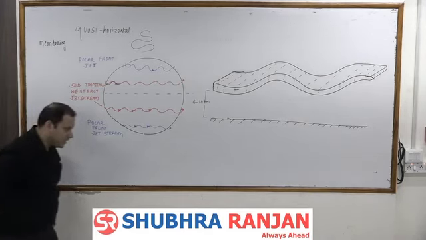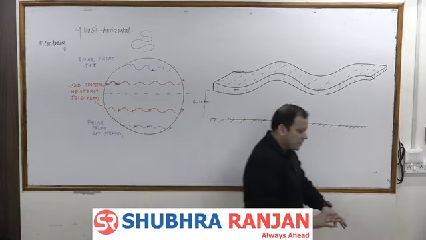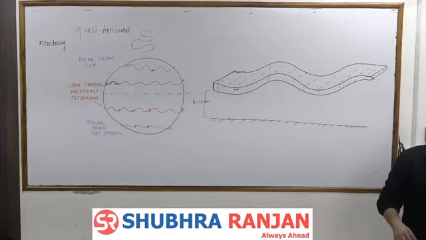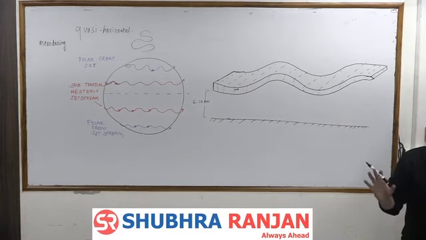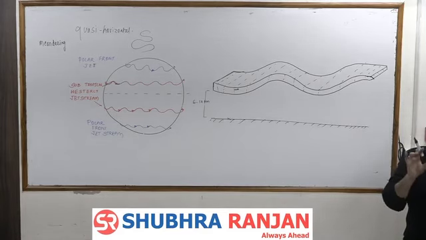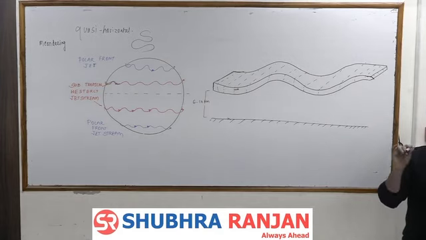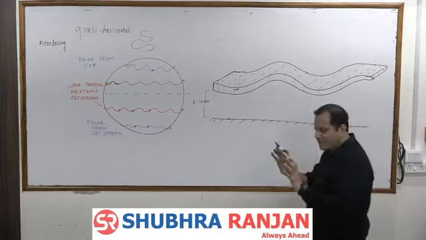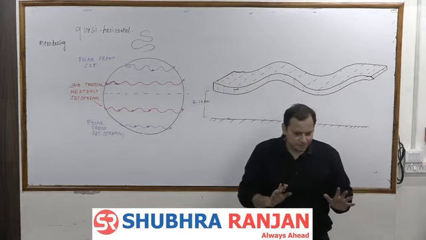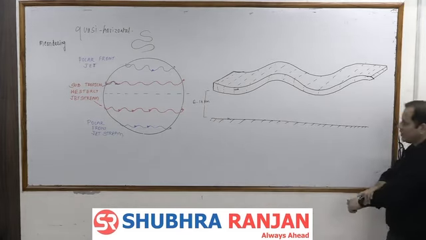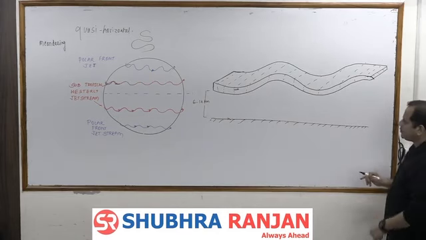The index cycle of a jet stream is not in GS, so if any GS notes have it, don't do it. They will never ask you such a tough question in GS because that will become a proper optional. So you should just know that they flow in a meandering manner.